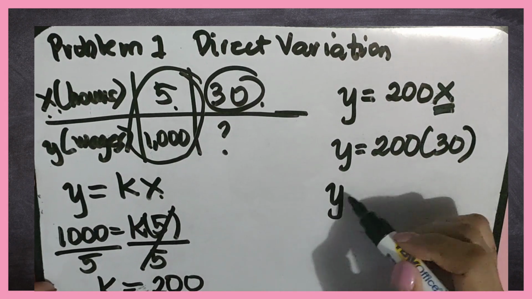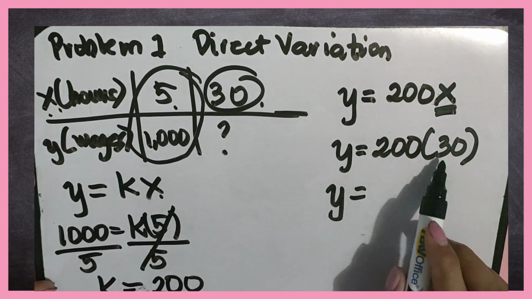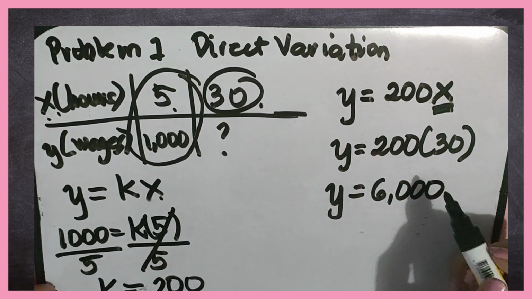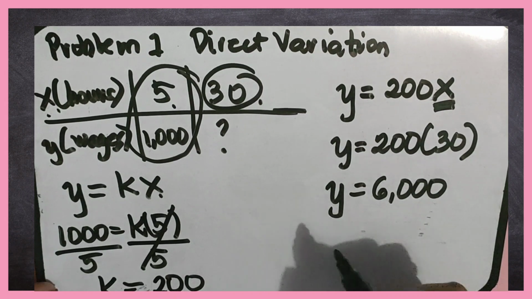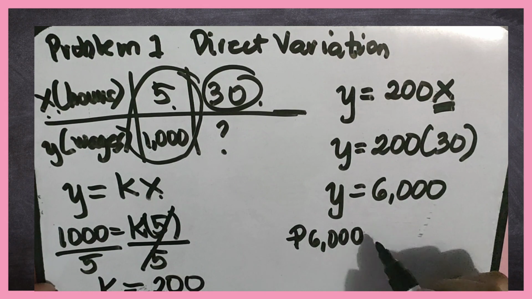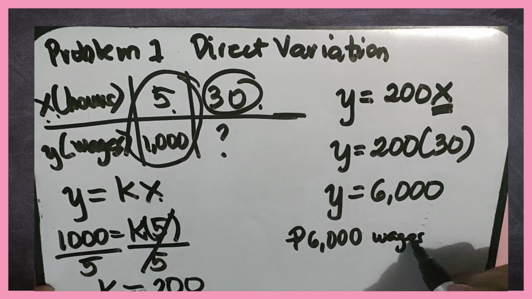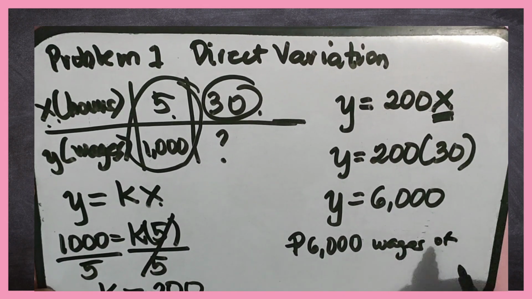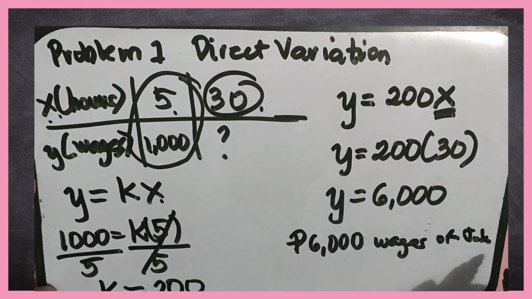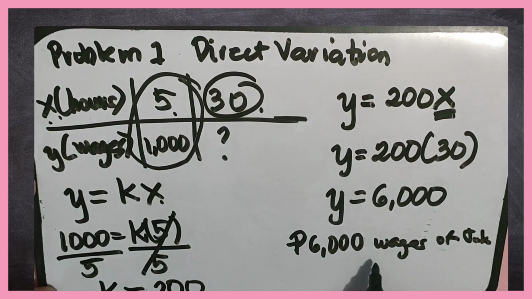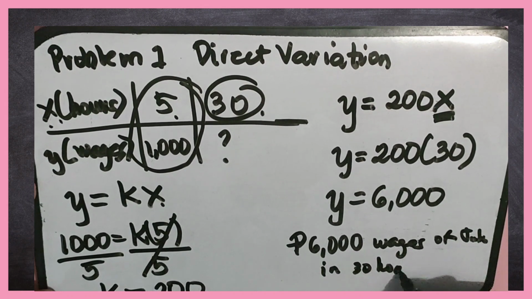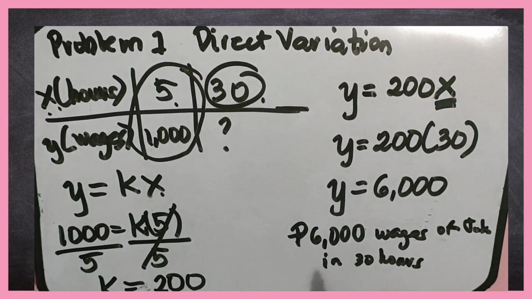So we have y is equal to 200 times 30 and the answer is 6,000. So it means that we have 6,000 pesos wages of Julio in just 30 hours. Okay, so this is the answer. 6,000 pesos wages of Julio in 30 hours. That is the answer for number 1.